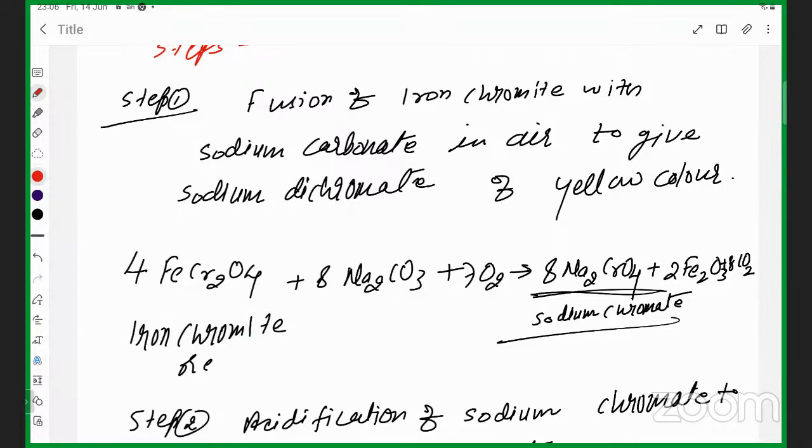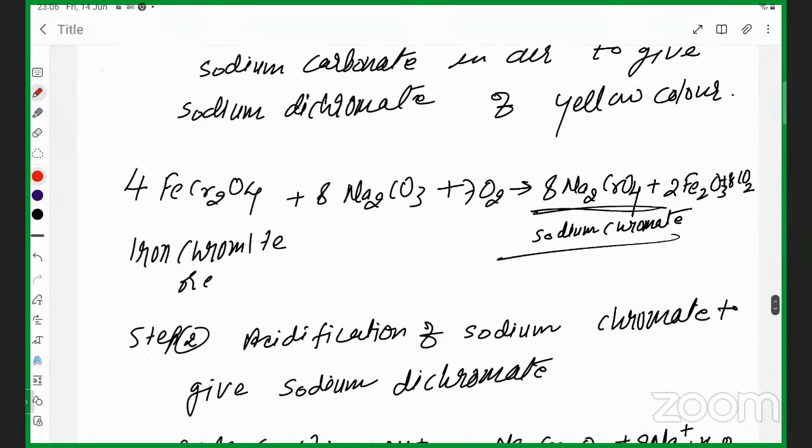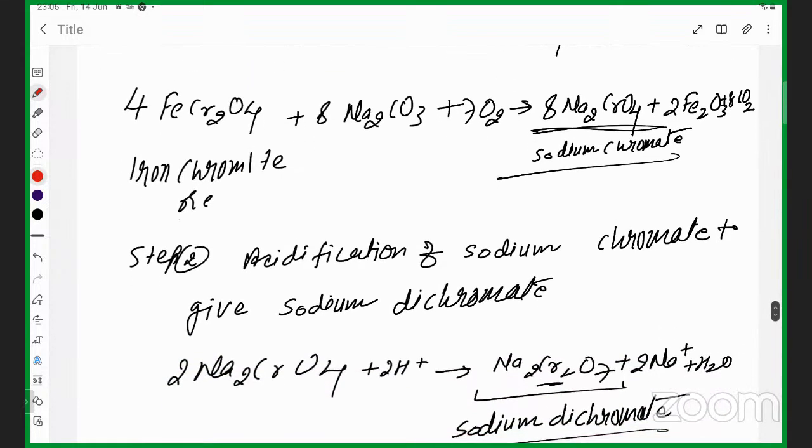This is full NCERT only. Can I erase? No, sir, still writing. Step 2 writing, sir. Step 1 you can erase.